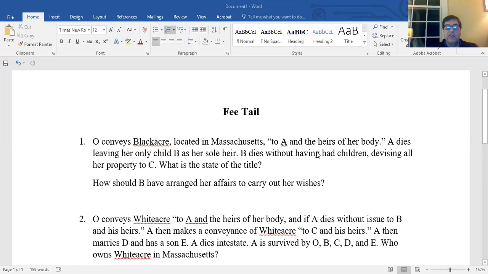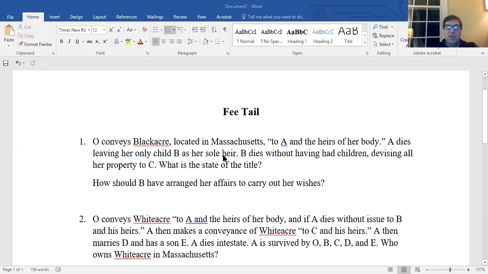Later, B dies without having had children, devising all her property to C. What is the state of the title? Well, at that point, when B dies without having had children, there is no descendant to take the fee tail estate from B. And so at that point, the reversion in O kicks in and the land will revert back to O, or by now maybe O's successors in interest will take it.